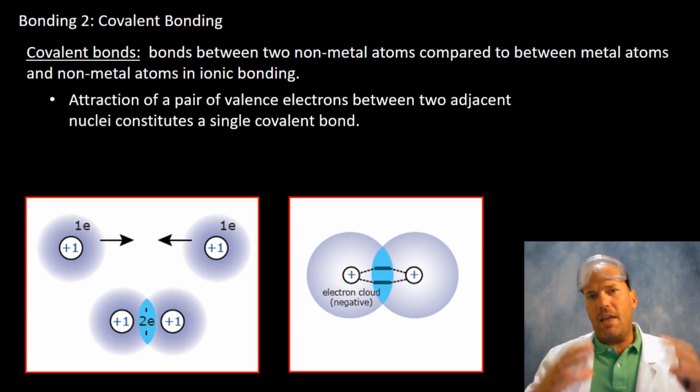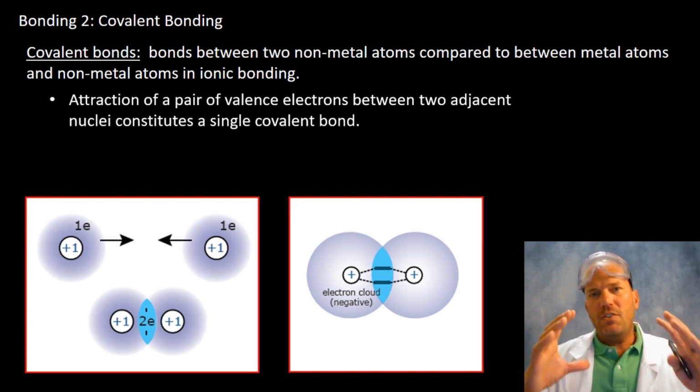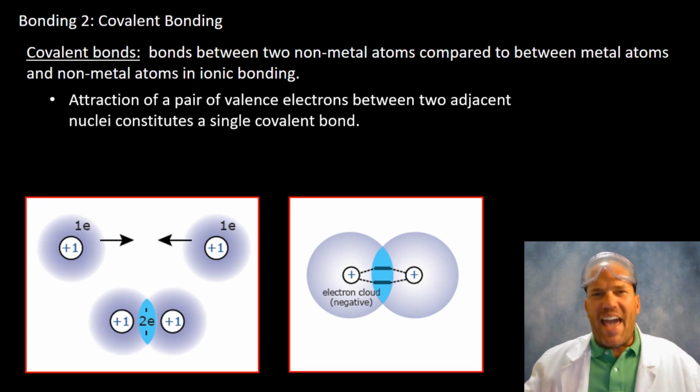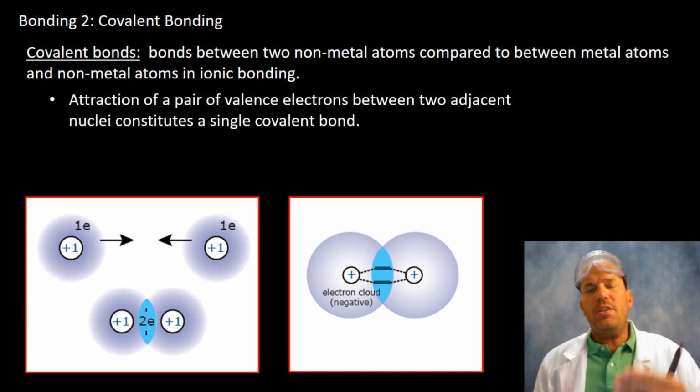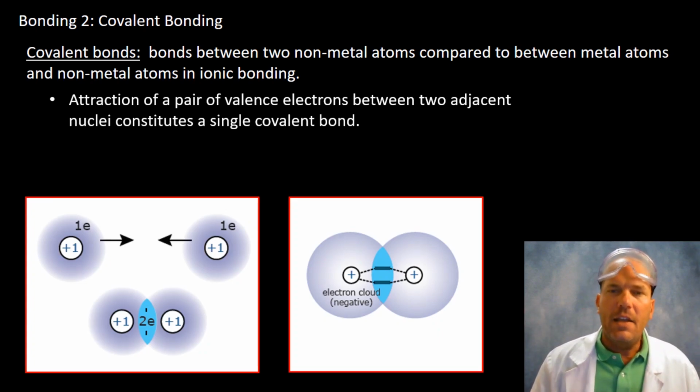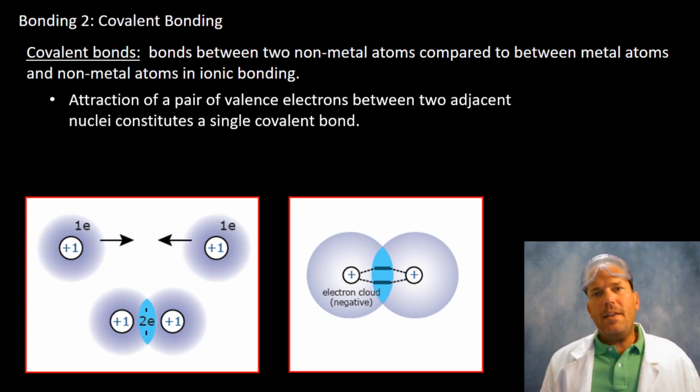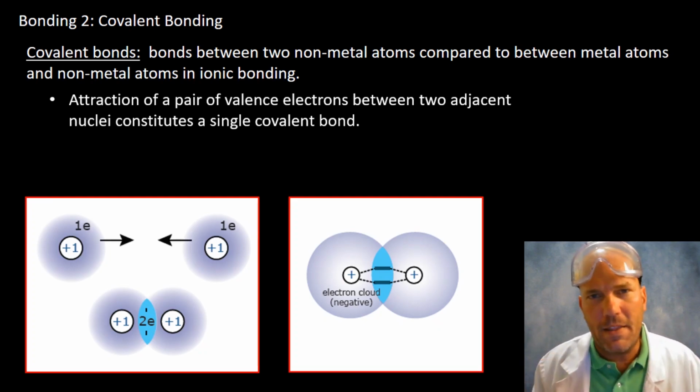That would give it a full, stable structure. So if each one of these atoms comes together and each shares one electron with the other, then they form a more stable molecule, and that is exactly what is happening with covalent bonding.